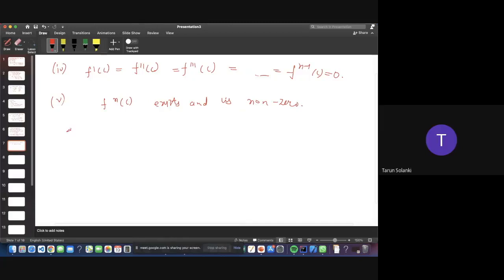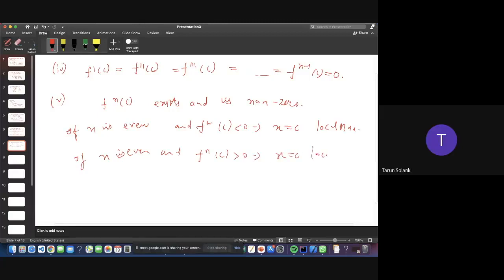So if n is even and f n c is less than 0, then x equal to c is a local maximum. And if n is even again and f n c is greater than 0, then x equal to c is a local minimum.